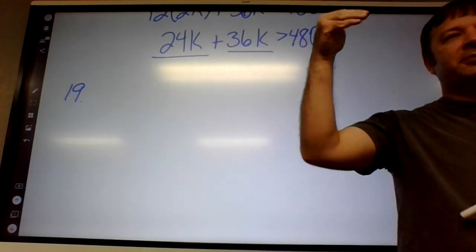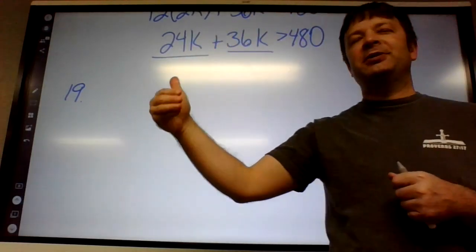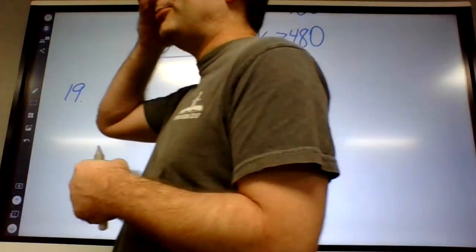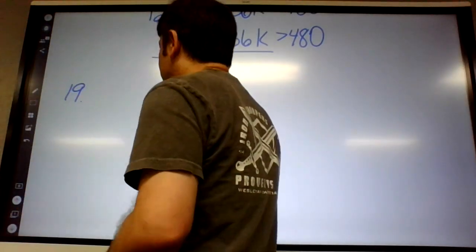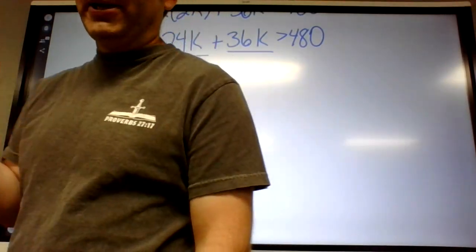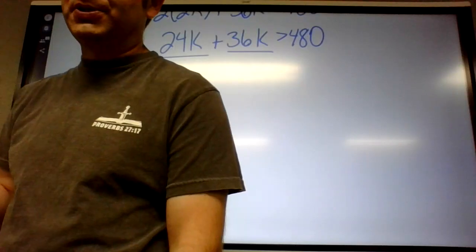So, how many tests are we averaging together? 4. Because we don't know his fourth test yet, but we're trying to figure out what he needs on it to get an A in the class. So, we're going to be adding 4 tests together. The fourth one is just unknown right now.